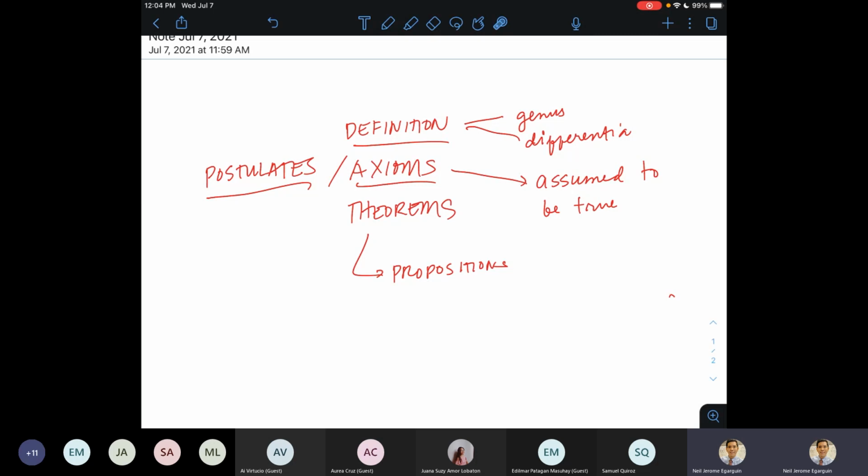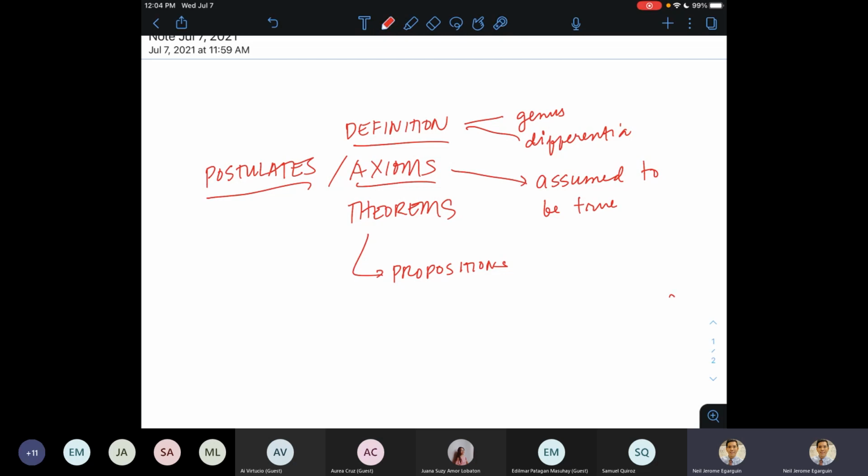So these are minor theorems. So siguro just to guide you also in reading the module, if you see something is a proposition, maybe it will not be too useful. The utility of that statement is just to illustrate how the theorems work or how they are used in certain contexts. So that's my criteria when I call a certain statement a proposition.